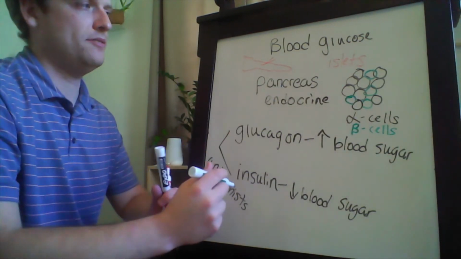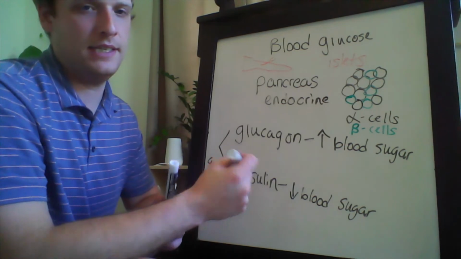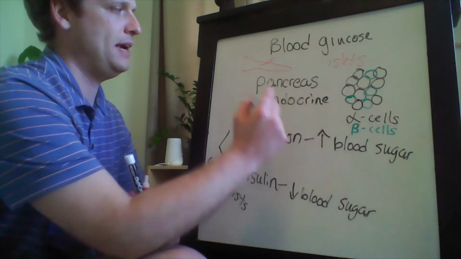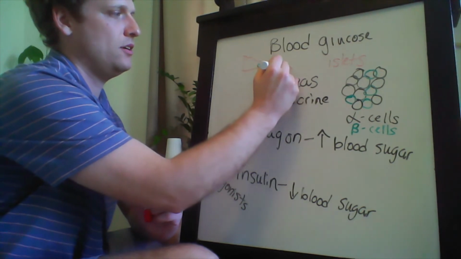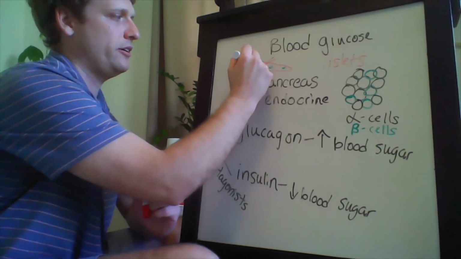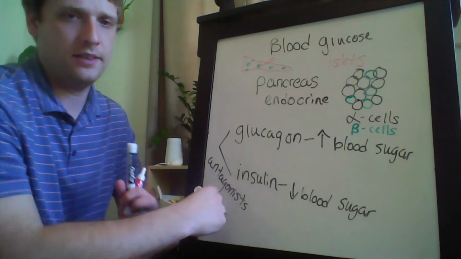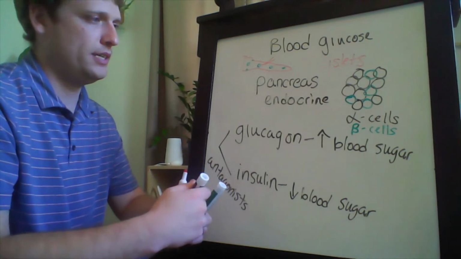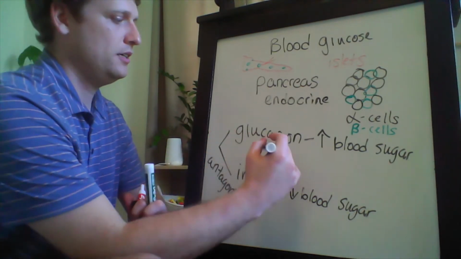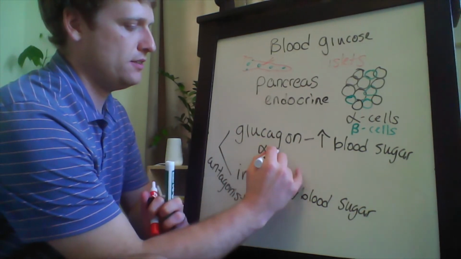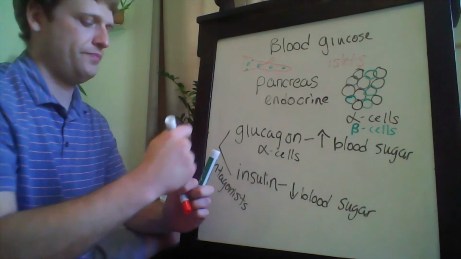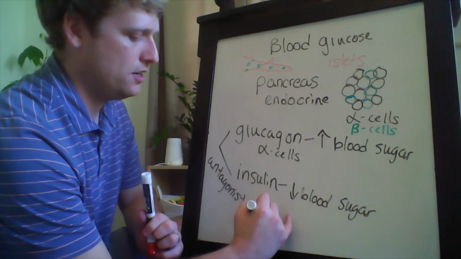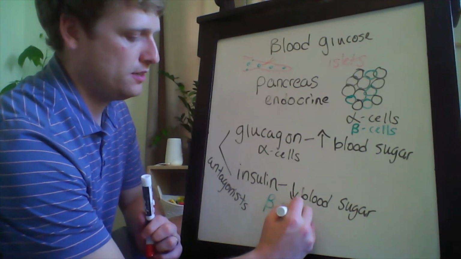There's a third type called the delta cell, but we're not going to focus on those. We're going to be focused on these alpha and beta cells. So there are these little islets all over the pancreas that produce insulin and glucagon. The cells that produce glucagon are your alpha cells, and the cells that produce insulin are your beta cells.